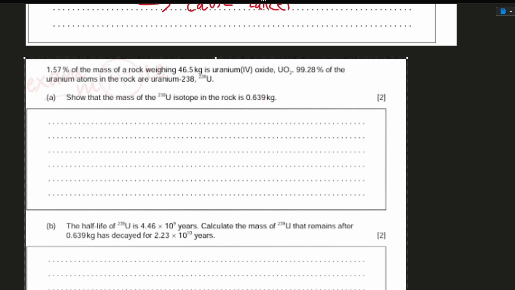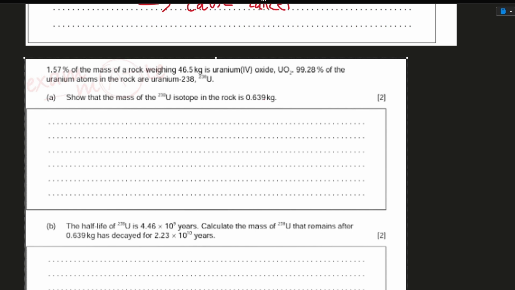Right, so this is pretty confusing, so I'm just gonna break it down. At first we need to calculate the percentage of uranium in uranium oxide.